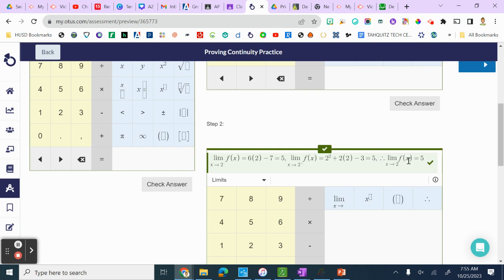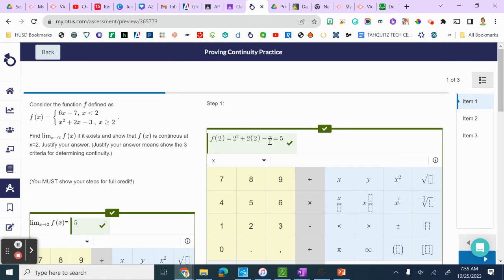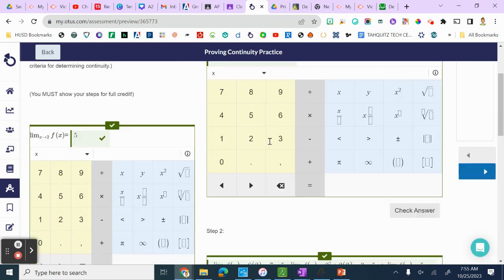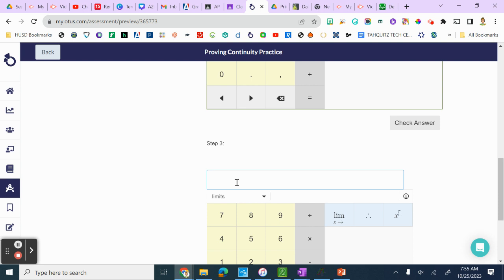Did my limit equal my value at 2? Yeah, so I have to state that. Okay, and this is going to look funny, but this is what we're going with because we're doing auto grading here. So therefore, f of x is continuous, and you have to spell the word continuous right. It's okay if you don't.